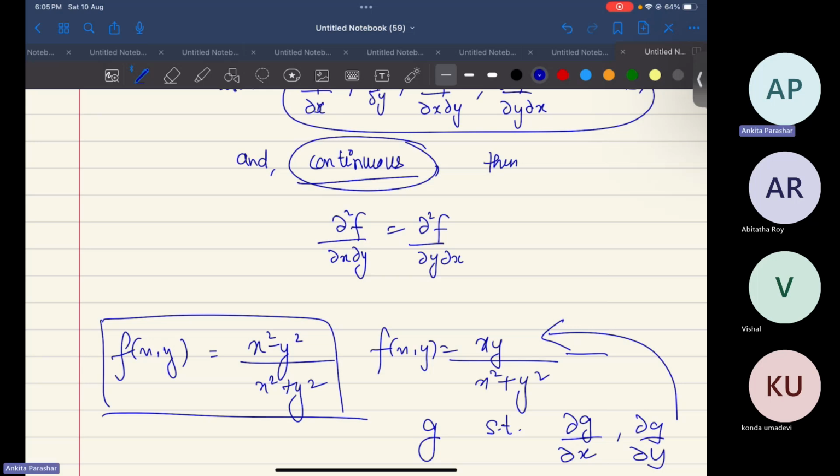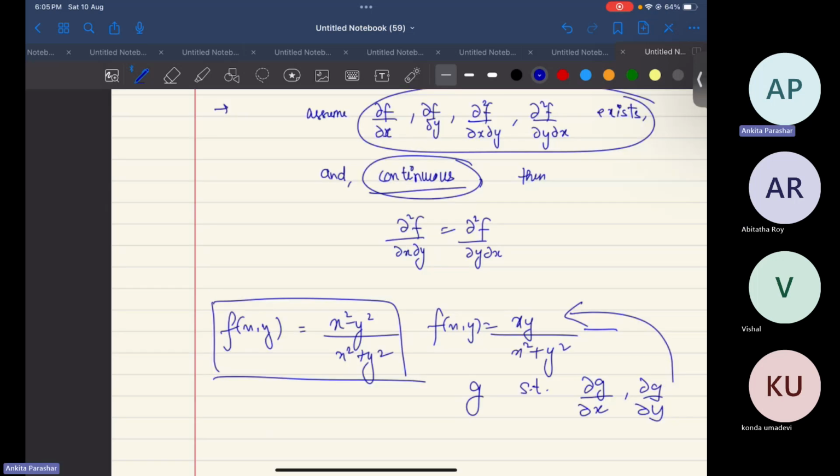Just a help that I'm telling you: there are several functions which are not continuous. So you can find a g such that its partial derivative becomes that function which is not continuous. And hence your mixed derivatives property may not be true. Are you following what I'm saying? Yes, ma'am.